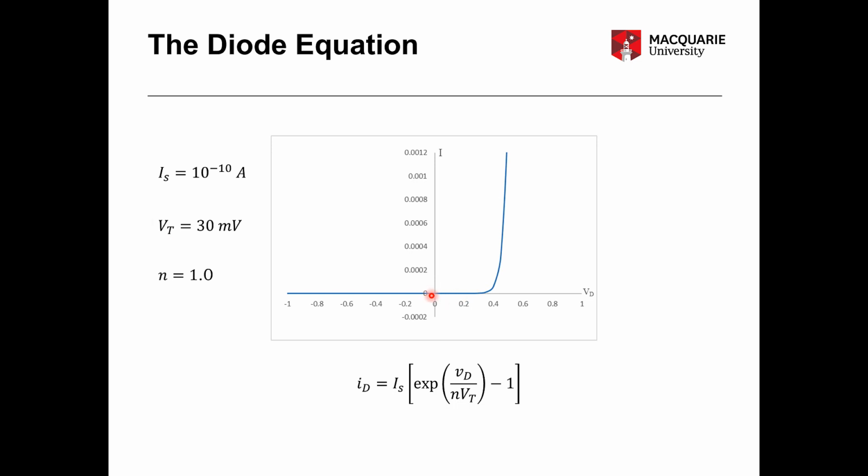So finally, let's take a look at N. N is the ideality factor. The ideality factor is in this part of the diode equation here, and this is basically saying how perfect your diode is. If we have an N of 1, then that assumes that the diode is pretty much perfect.